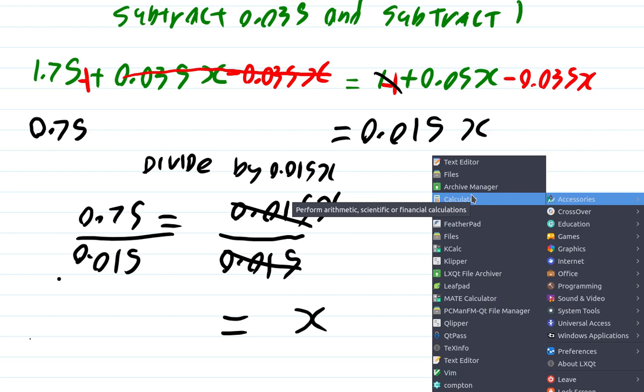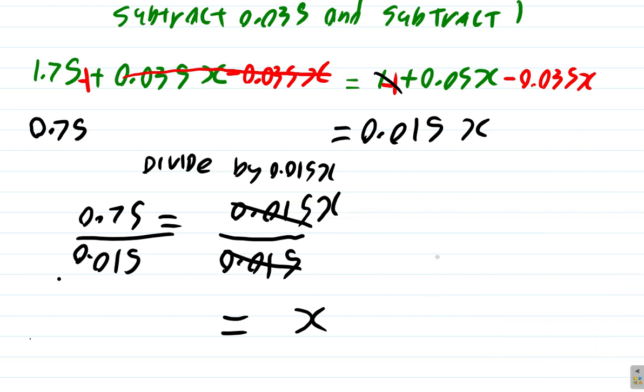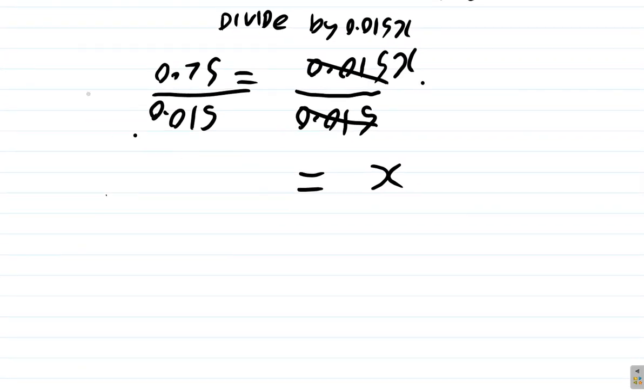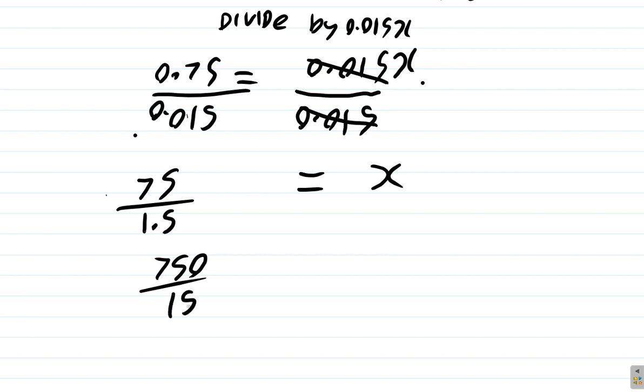Let us see. And by the way, let us work it out without the calculator. 0.75, if you multiply by 100, you get 75. And if you multiply 0.015 by 100, you get 1.5. Now, if you multiply 75 by 10, you get 750, and if you multiply 1.5 by 10, you get 15.